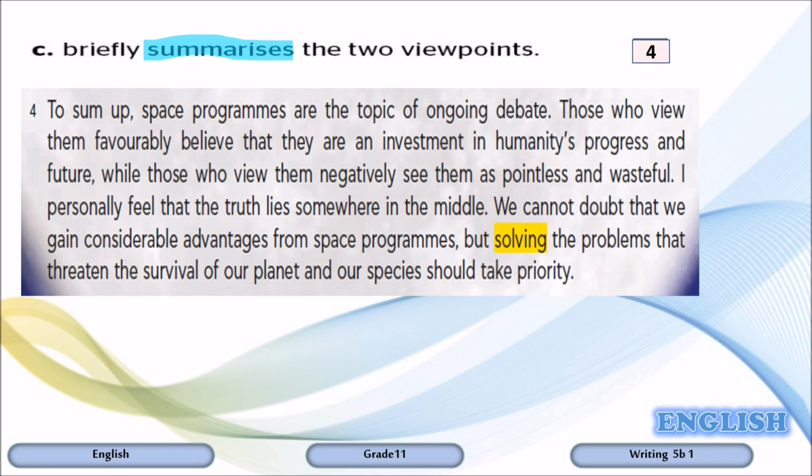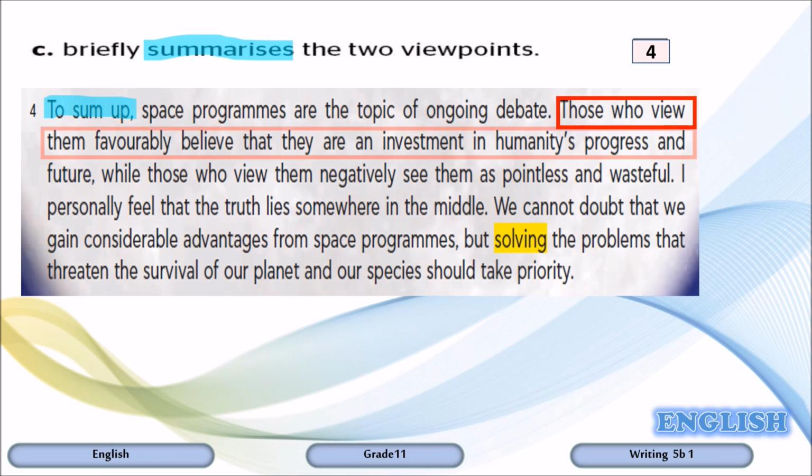First of all, we have to sum up, and then look here, those who view them how? Favorably. Favorably means they are in favor of. So how does the writer summarize this argument? Those who view it favorably, what do they believe? They believe that space programs are investments in humans' progress and future.